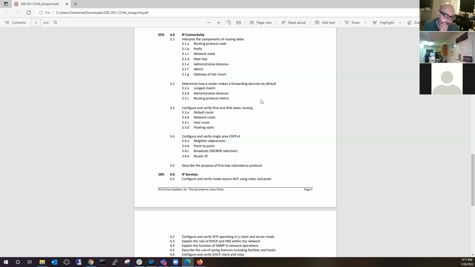OSPF version 2. Are we using TCP or are we using UDP? It's a good question. I never thought about it in terms of that specifically. Come on, you had every other answer for OSPF. I know. So interestingly, some of the internal protocols kind of go back and forth.